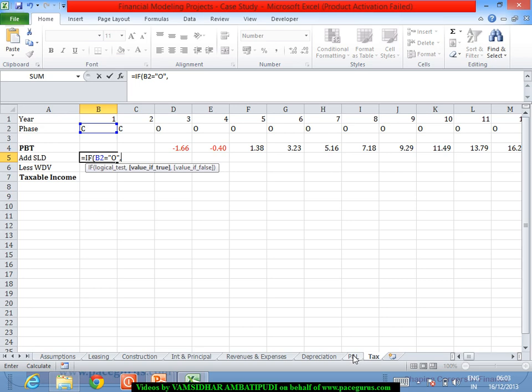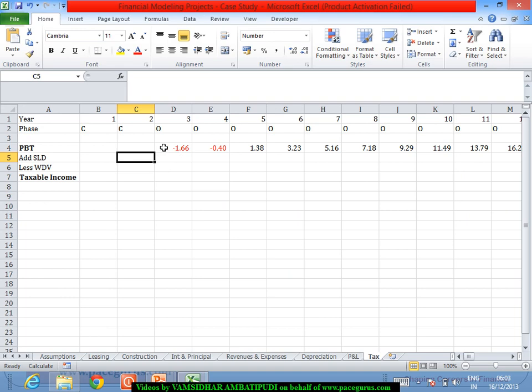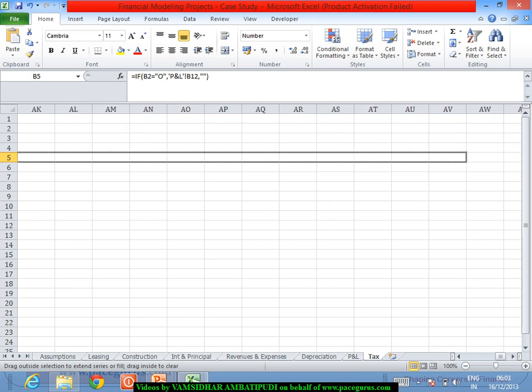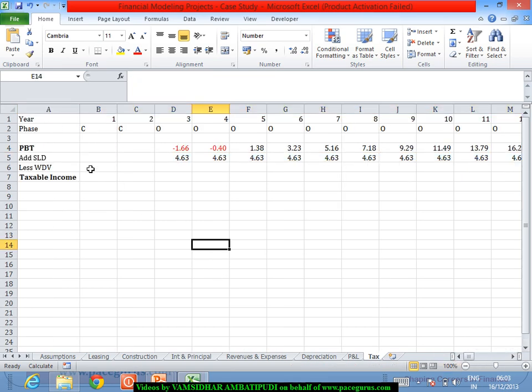So either from the P&L itself I can add back the straight line depreciation, otherwise I'm leaving it as blank. So even for this period I'm able to highlight the depreciations which I'm going to add back. Right, this is the depreciation that is getting added back, and less the written down value method depreciation.